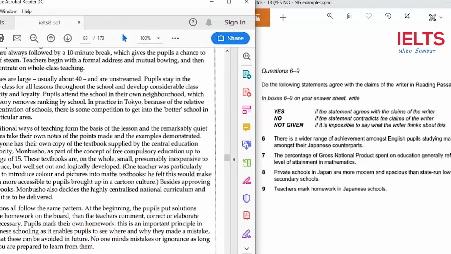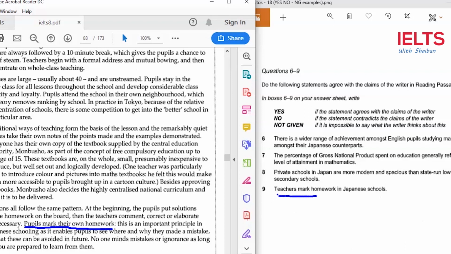So as you can see here, we have the word homework in paragraph D. So nothing actually in paragraph C about the homework. But here we have homework, and this is the key. Pupils mark their own homework. So actually, that means the pupils mark their own homework. And he says here, teachers mark homework.